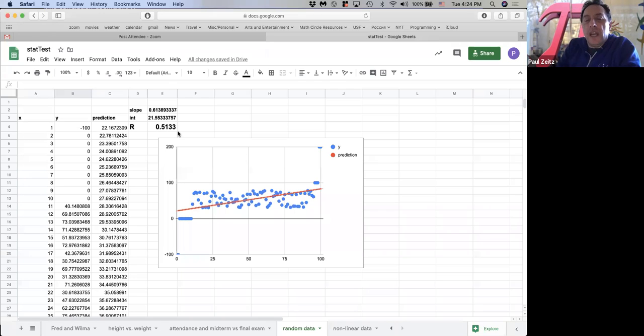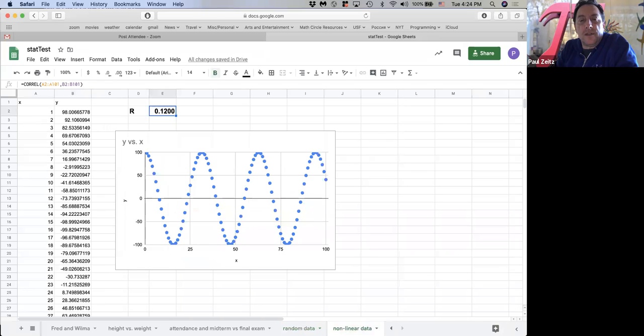And now here's an even worse one. Look at this data, okay? When you compute the value of R, you get a low number.